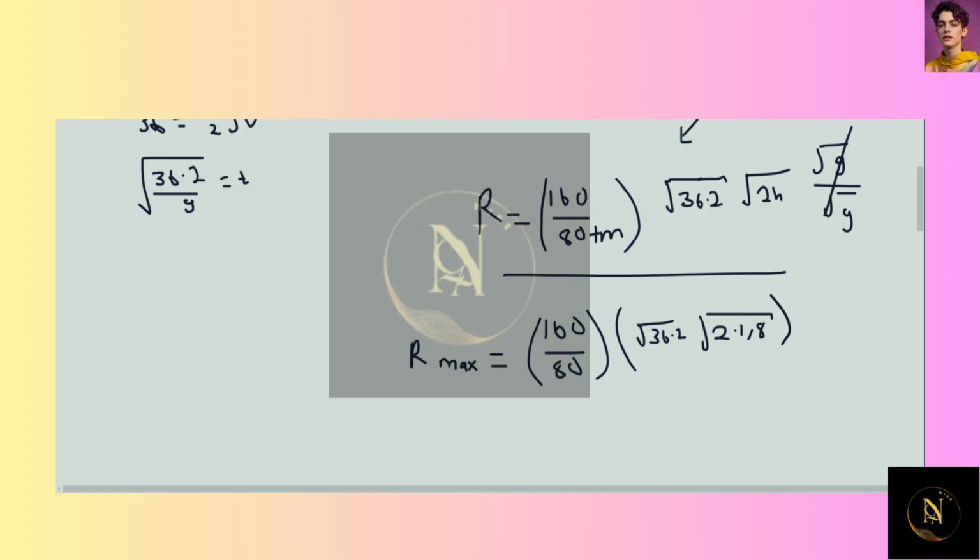And if you go ahead and compute all of this, you find that your maximum range is actually just 32.2 meters. And that range is only possible when m is equal to 0. So this m is for the units, this is for the mass. And that should give you all the answers that you need for this problem.